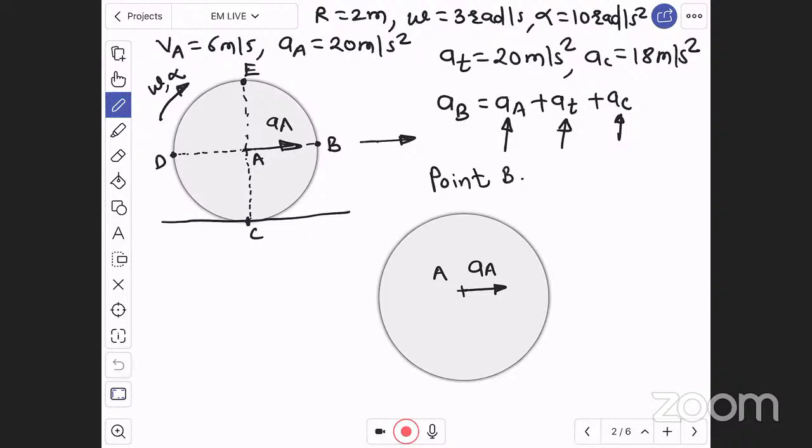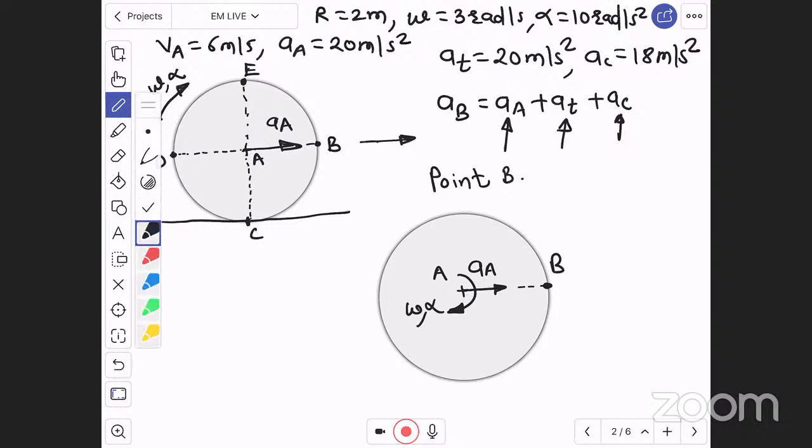Therefore the B point is lying here. Therefore this point B, and also the wheel is rotating in clockwise direction, right. The wheel is rotating in clockwise direction with angular velocity omega, angular acceleration alpha, right. Now point B will be here.